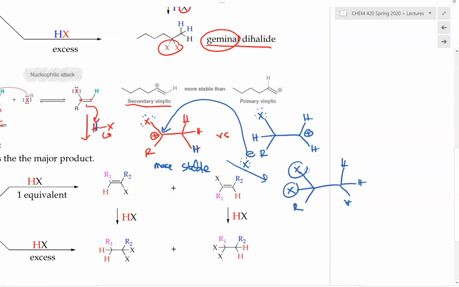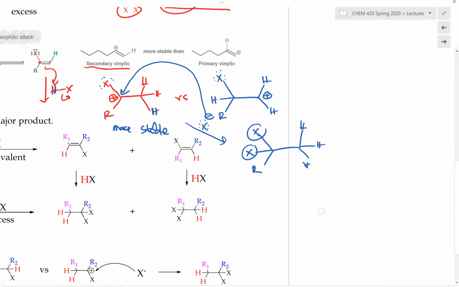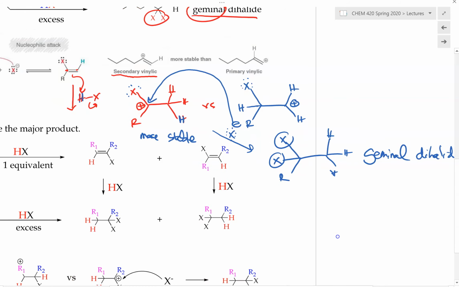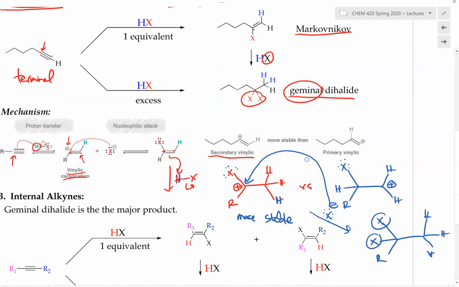And again, that will be the two halogens right here. So this is a geminal dihalide, as what we have seen above already.